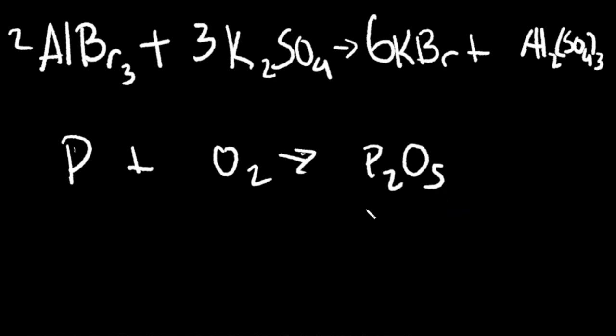So I would start by multiplying this diphosphorus pentaoxide by 2 because this oxygen is an odd number. So there's 5 and 4. That's balanced.